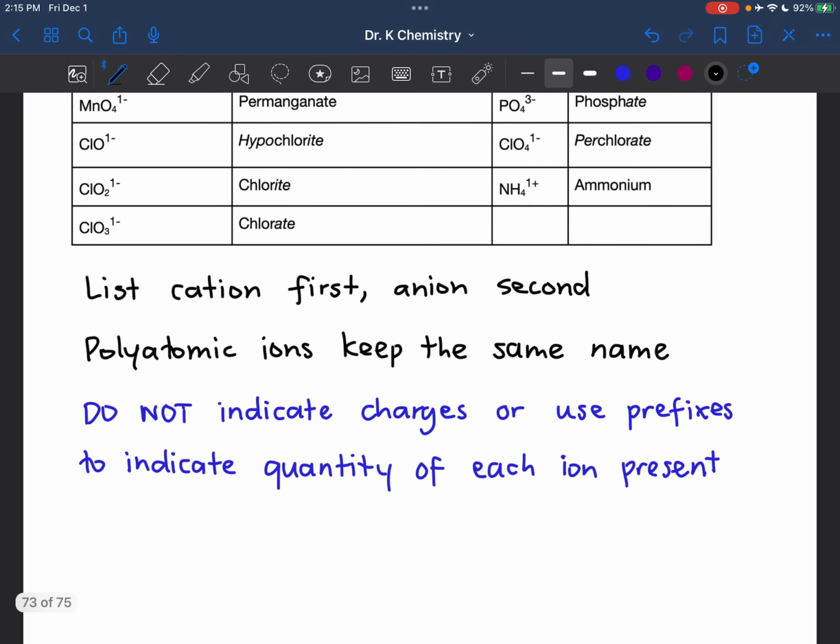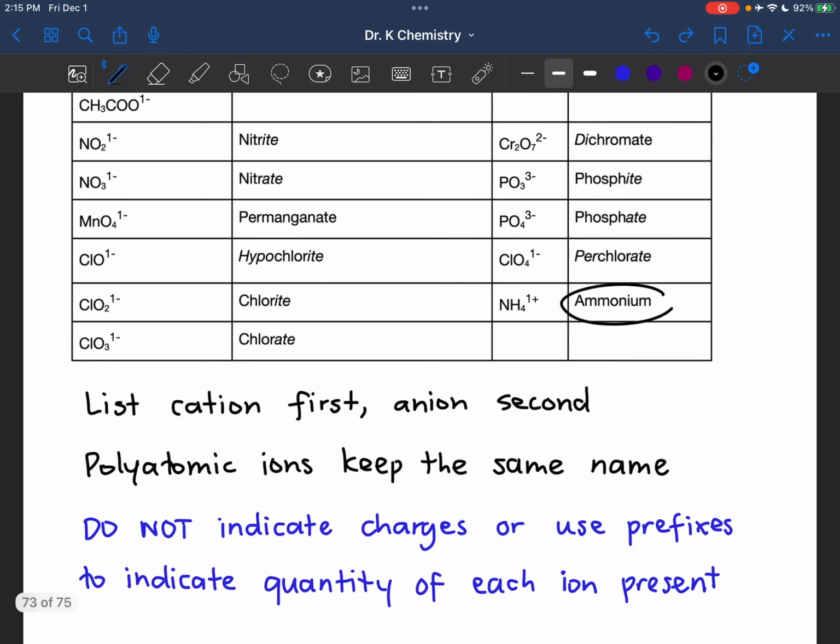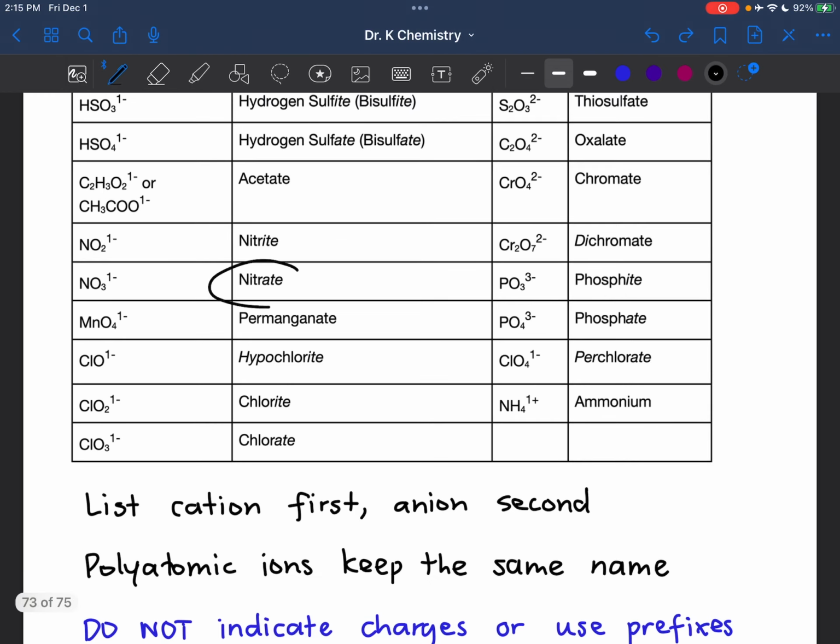As usual, you're going to list the cation first, then you're going to list the anion second. Now with polyatomic ions, you're actually not going to change the ending. They're going to keep the exact same name. So the name of the polyatomic ion is the name that you're going to keep in the formula, and that applies to anions as well. For example, if you had nitrate in the formula, you would call it nitrate.